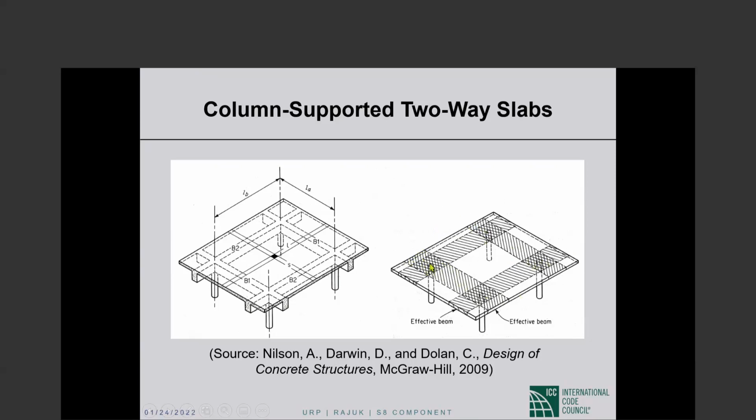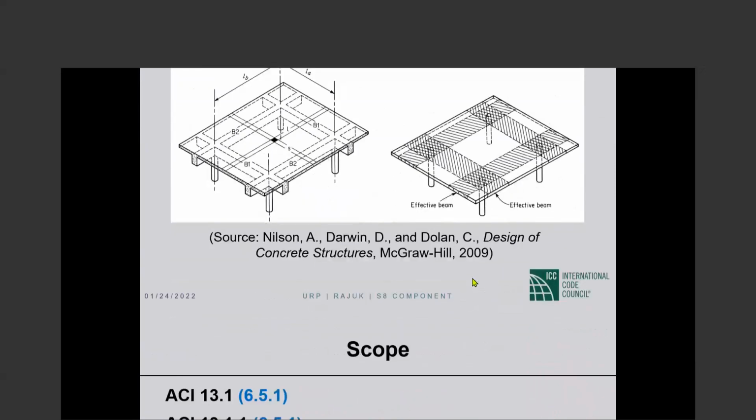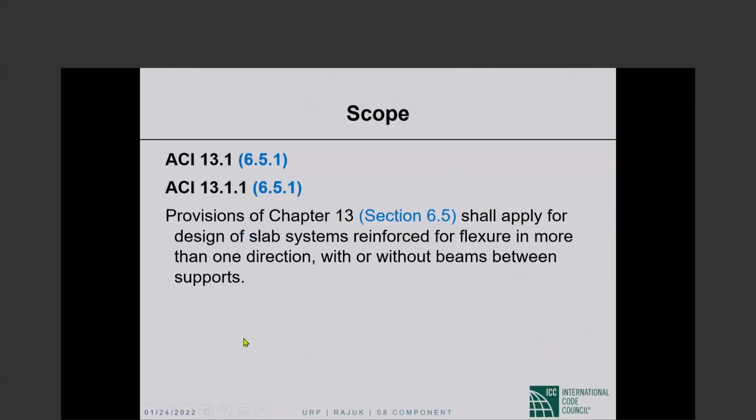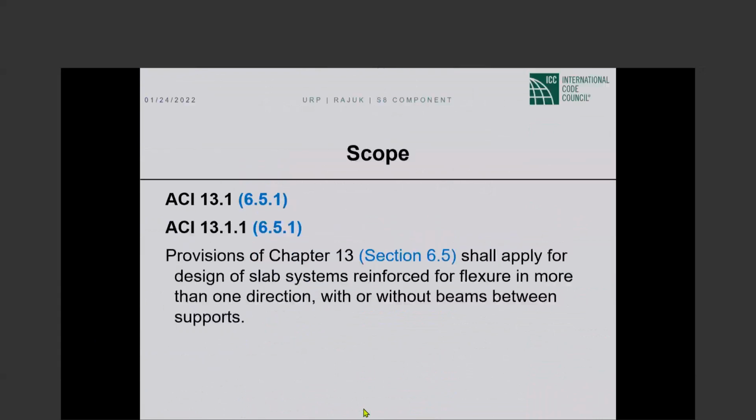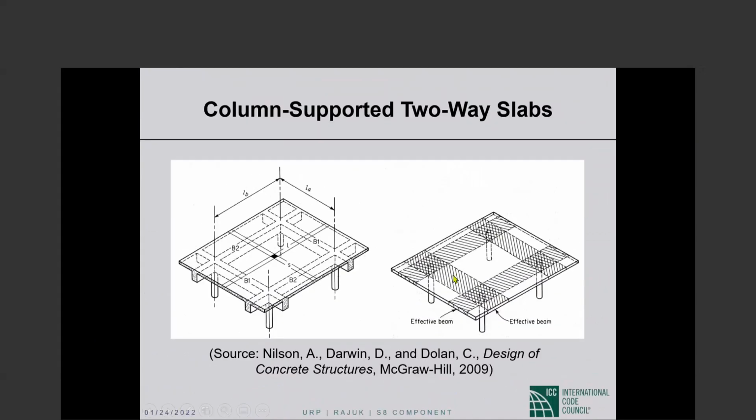So half a column strip from the right panel and half a column strip from the left panel will give us a full column strip along the column line. So we have middle strip and column strips. Those column strips are nothing but beams of the same thickness as the slab that are concealed.